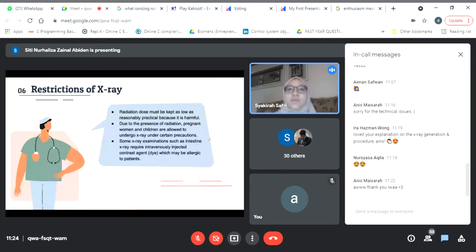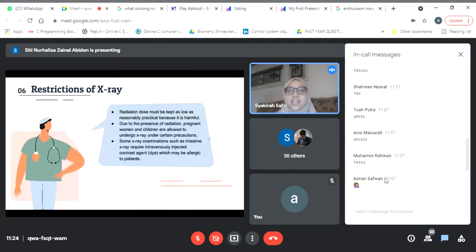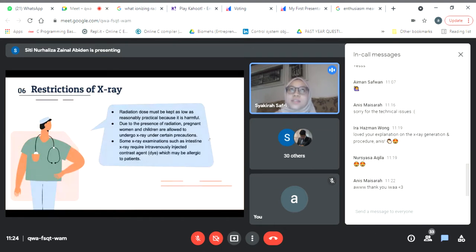Since everyone must have experience of getting an X-ray, my last time was during the medical checkup for entering this VTR. If you notice, there is a caution sign in the X-ray room. This sign indicates the use of radiation in X-ray.